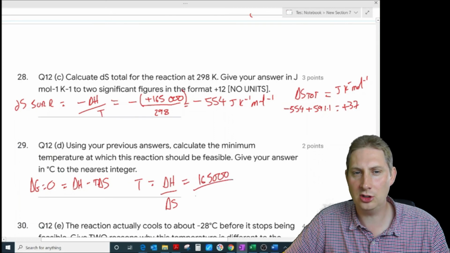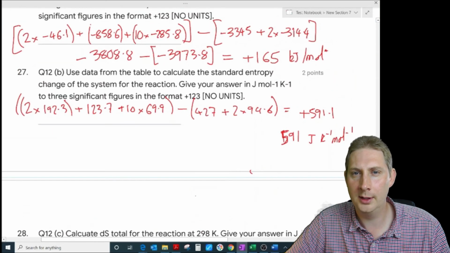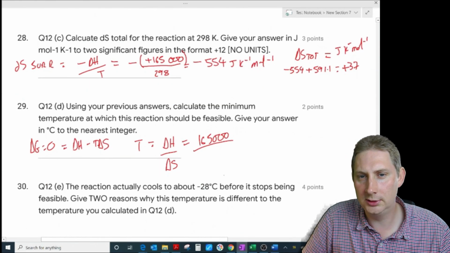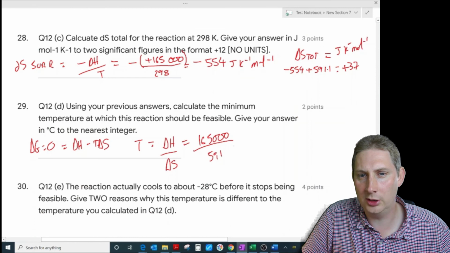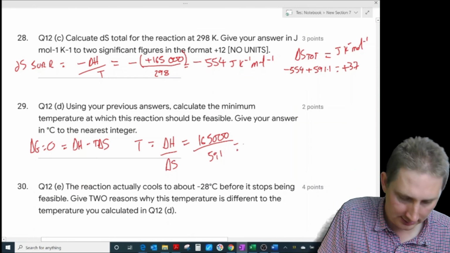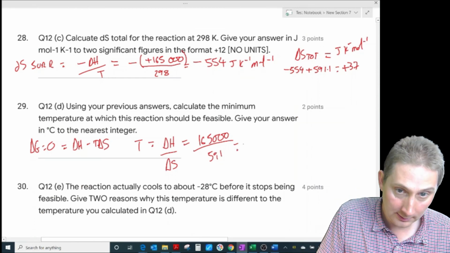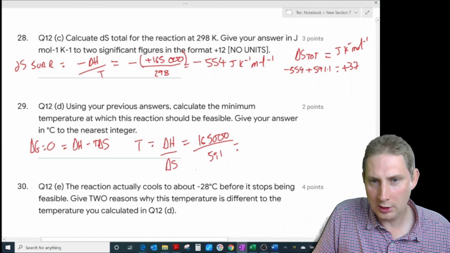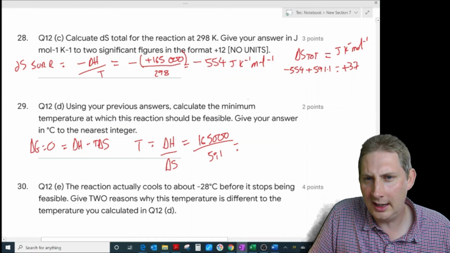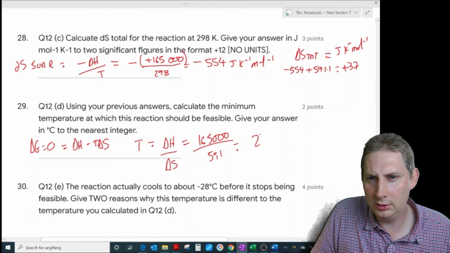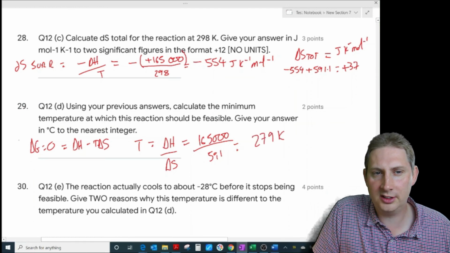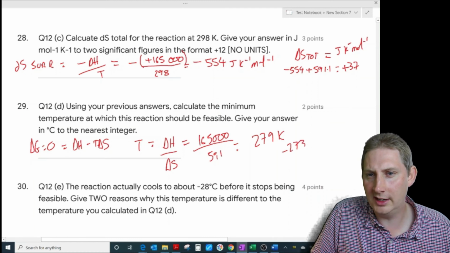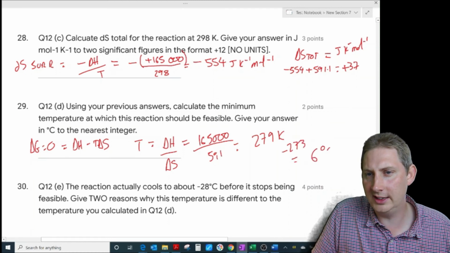The entropy change of the system is 591.1, so let's just say 591. So the temperature is 279 Kelvin, but it asks for your answer in degrees C, so minus 273 equals 6 degrees centigrade.